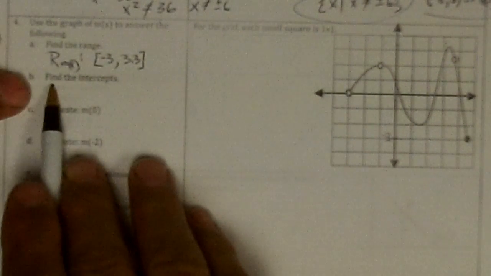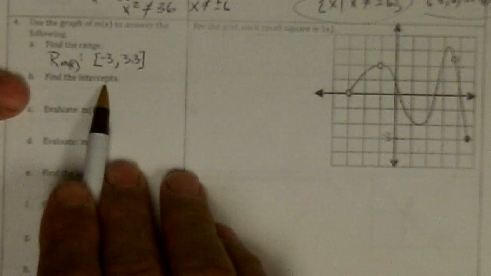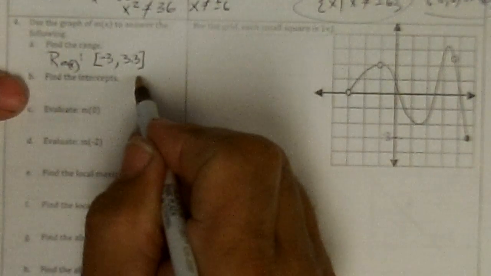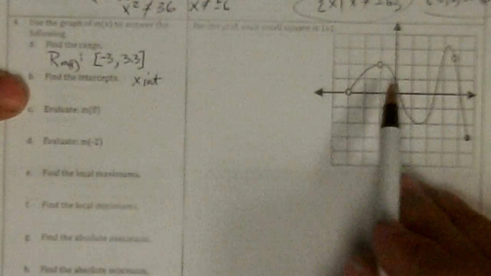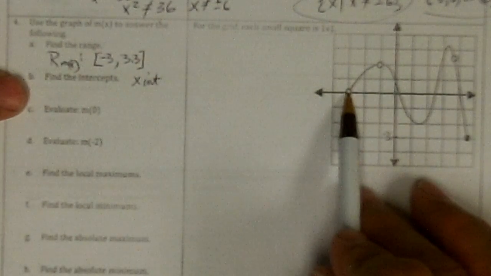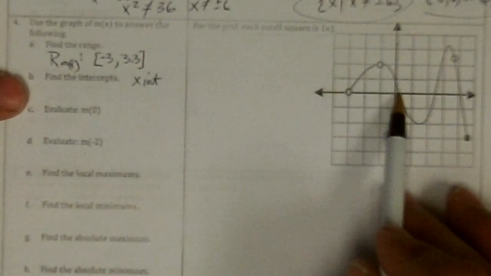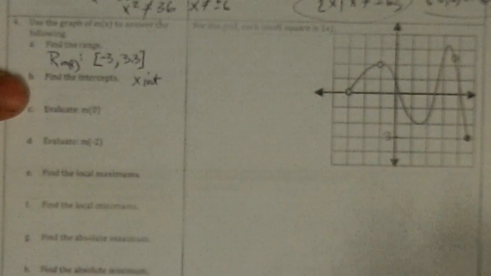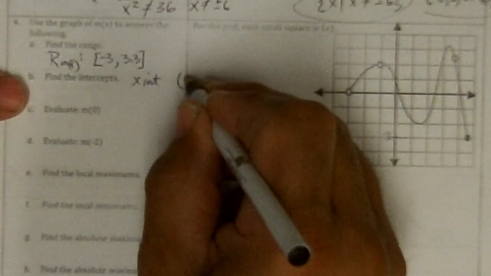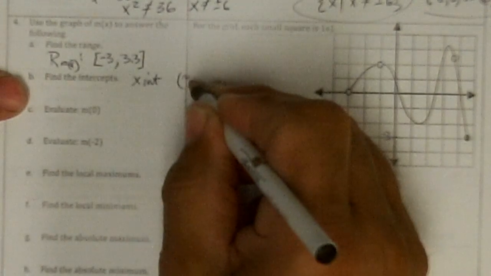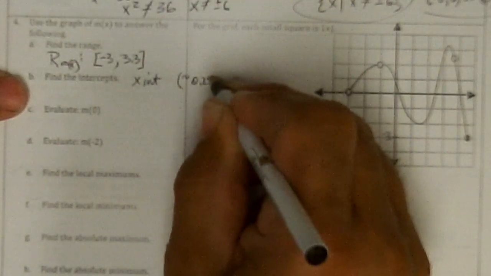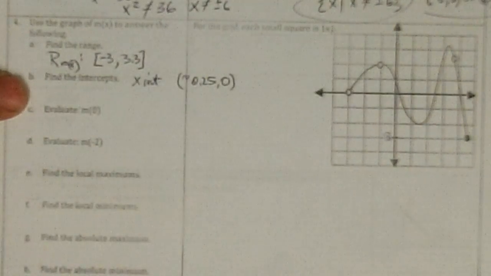Okay? Find the intercepts. Now I would expect you then to list the x-intercepts, which that is not a point. It does cross right there, which looks like about 0.25 maybe. Approximately 0.25. Again, intercepts are points.